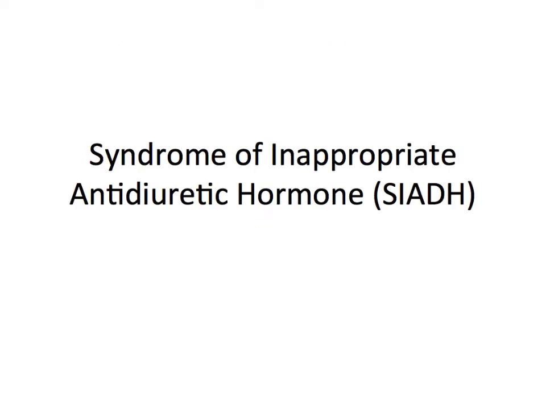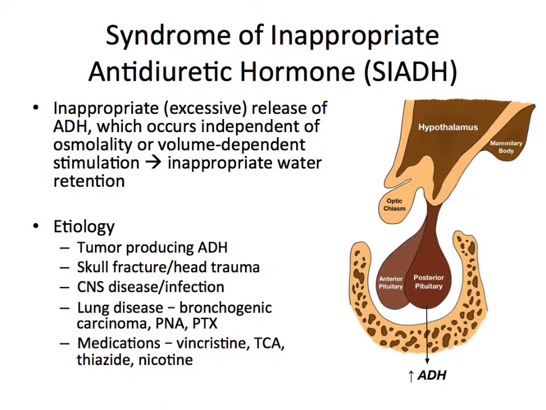The first condition associated with antidiuretic hormone is the syndrome of inappropriate antidiuretic hormone, or SIADH. SIADH is characterized by inappropriate or excessive release of antidiuretic hormone, which occurs independent of osmolality or fluid-dependent stimulation. This results in inappropriate water retention.